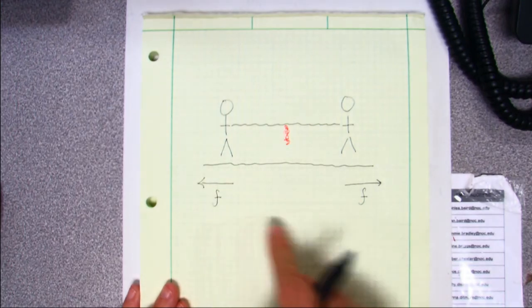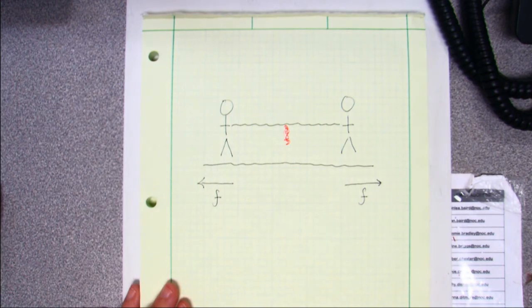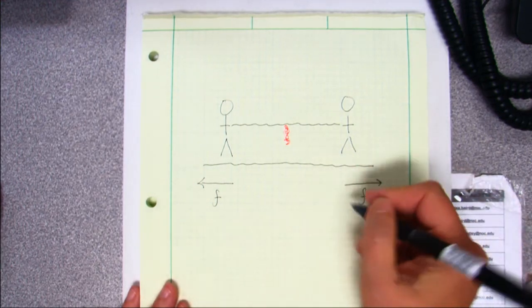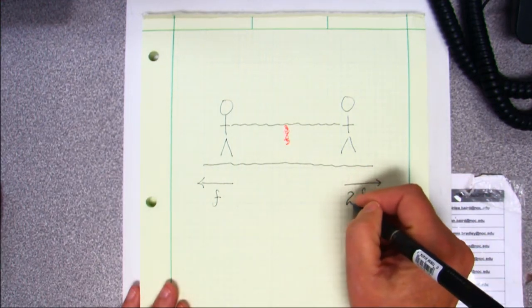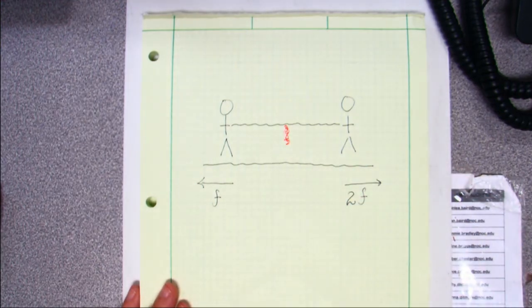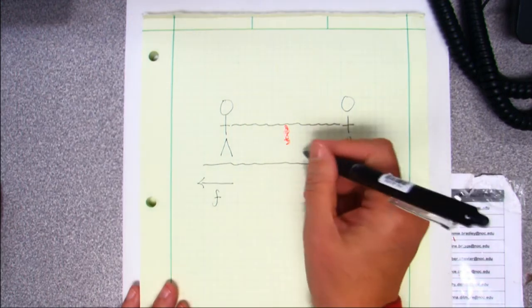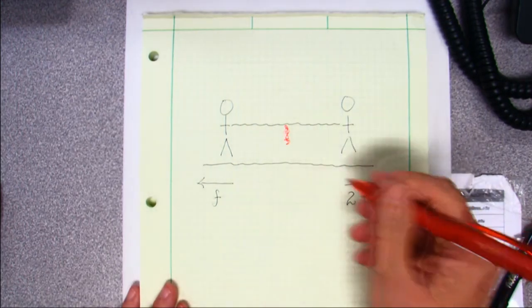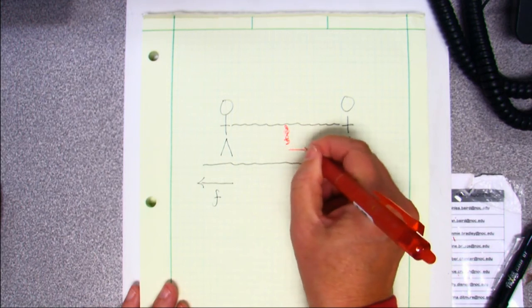And if these forces are equal, what's going to happen to my flag? Nothing. Absolutely nothing. Now, this person applies twice the force. What happens to my flag? It moves to that guy. It's going to move this way. So if I do twice the force, we know that the flag is going to go that way.